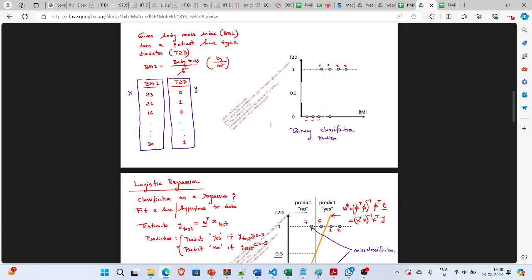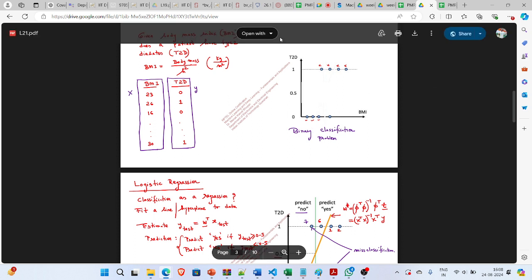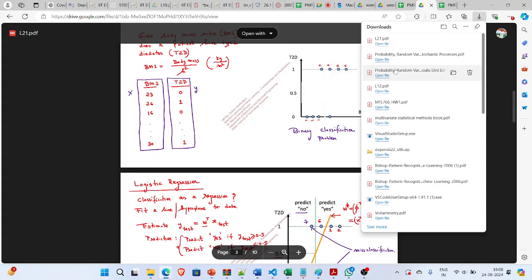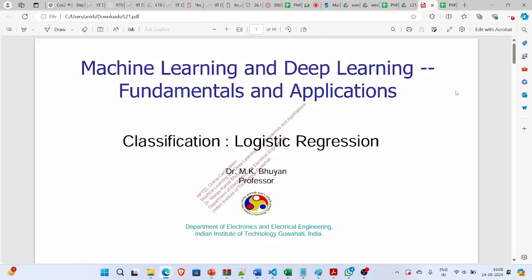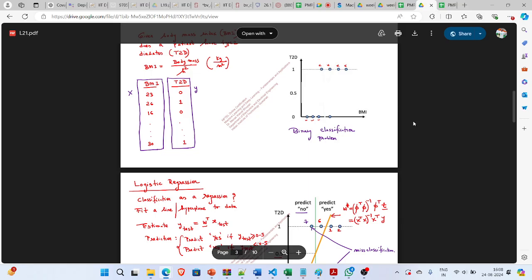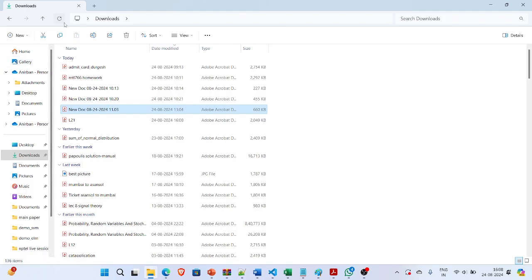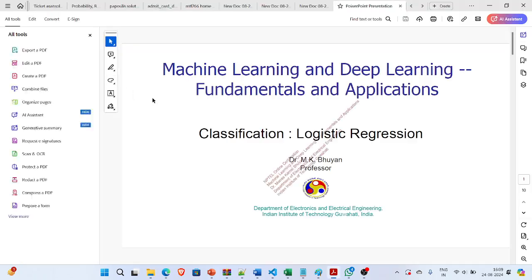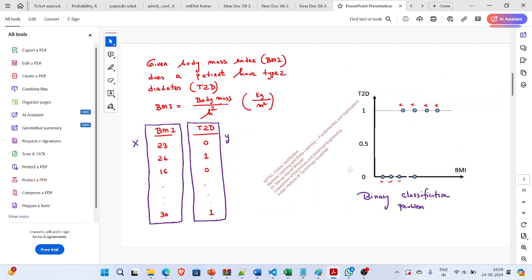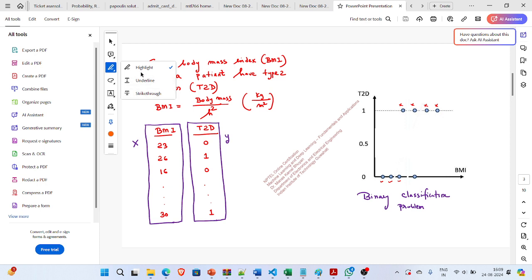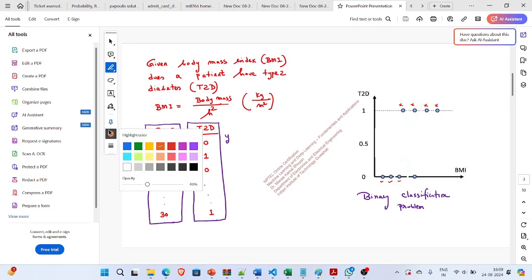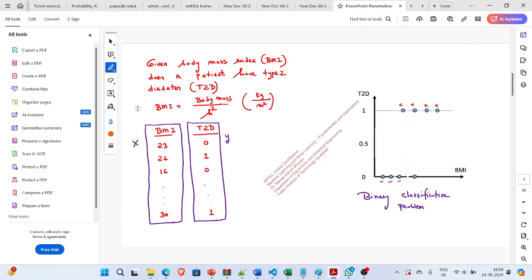So what they do is, let me download this PDF first.